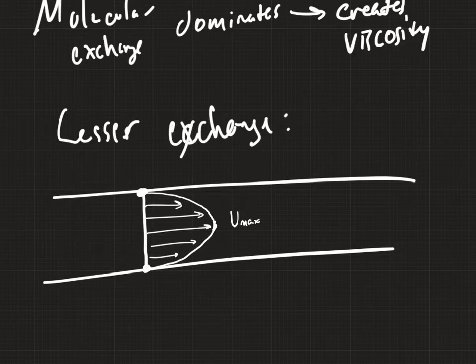Okay, and now you might say, well, if we were to increase the amount of exchange, what would happen? Let's just copy this and bring it over, and that way I can use it as an alternate case.